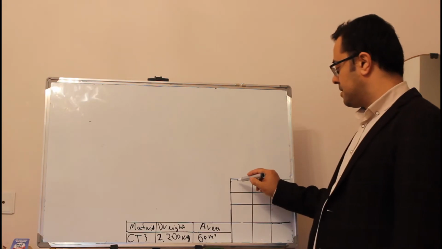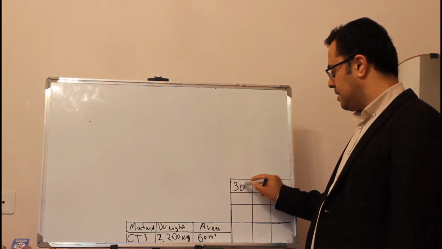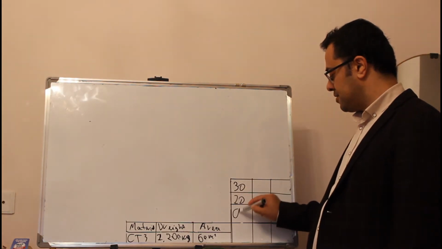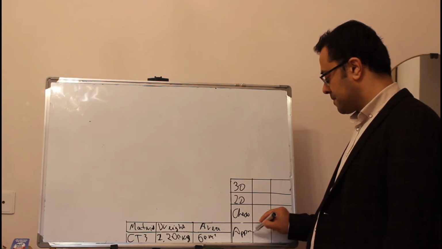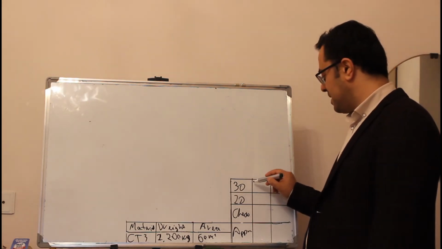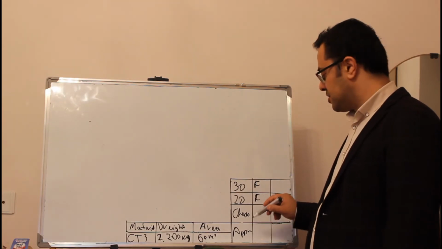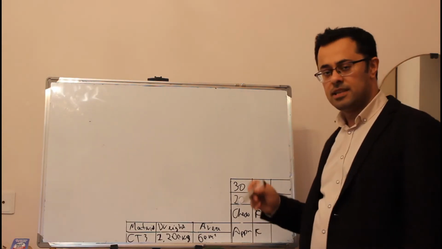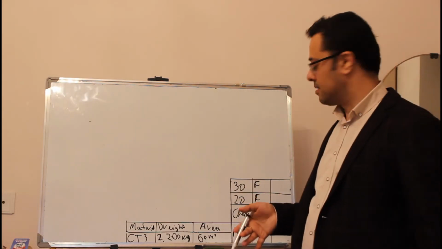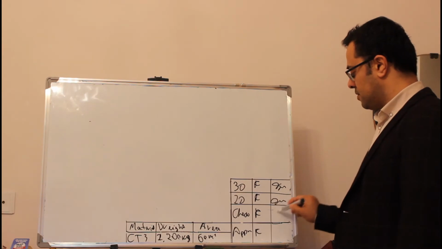Here you write like 3D, 2D, checker, approver. 3D it's me, 2D it's also me, checker, it's also me, approver, also me. You write the names of people who do that, and here are the signatures of those people.